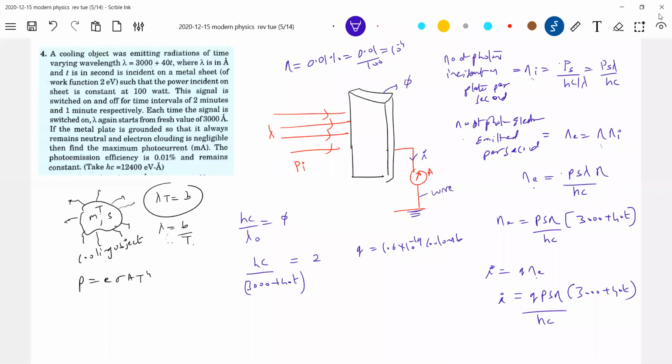This is 2 electron volt. Bring that one here, solve for T, and we'll get that particular time that you're going to substitute. Once the wavelength becomes more than that, the photons will no longer be in a position to liberate electrons, so no further flow of charge will occur. I think that is what the maximum is.